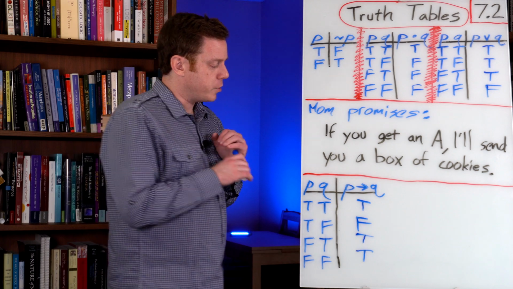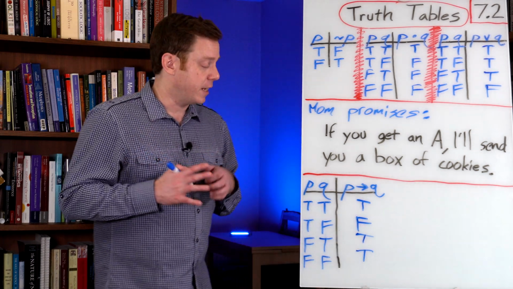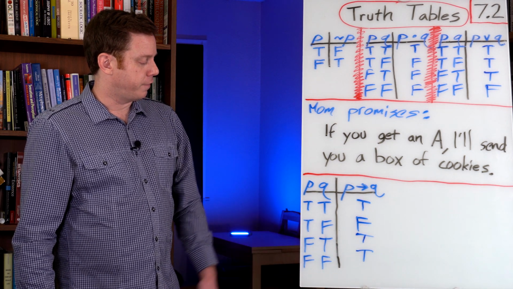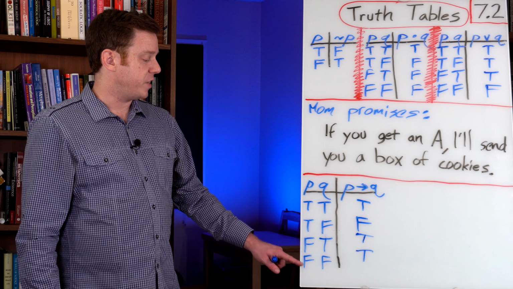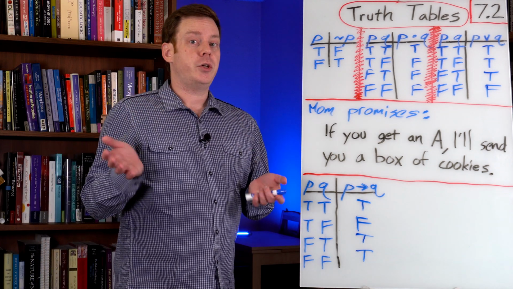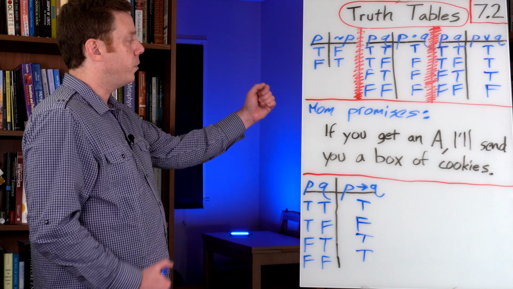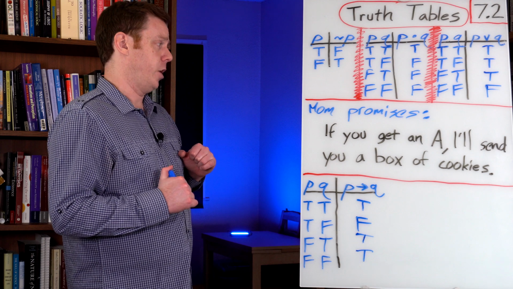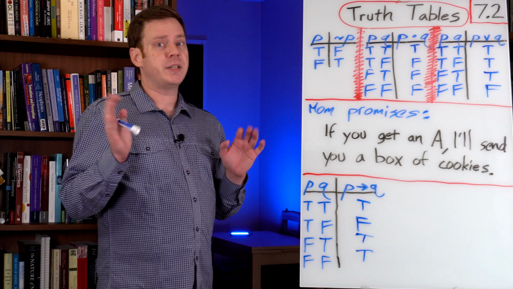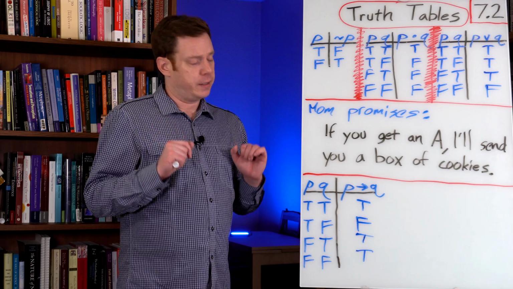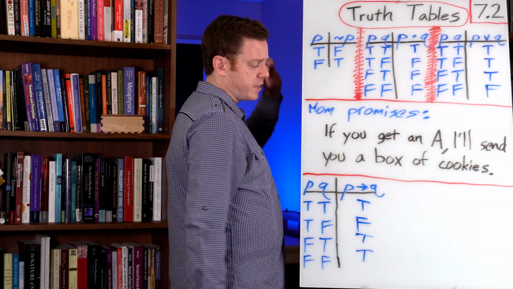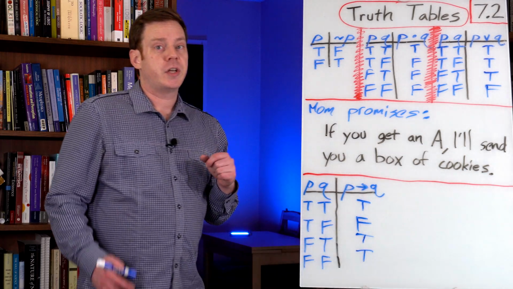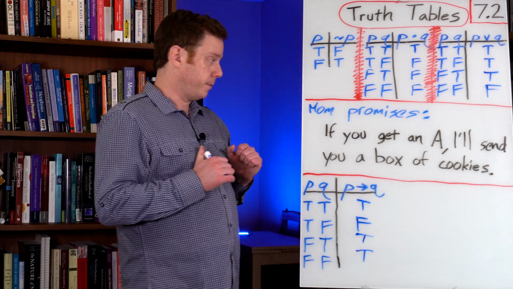Now, this might strike many people as surprising, that we get true and true down here when we have false and false in the antecedent, the if part. But to help you think about it, think about, does mom break her promise in each of these scenarios? If she keeps her promise and she doesn't break it, then the conditional, the if-then, is going to be true. The only way for this conditional to be false is if mom breaks her promise.